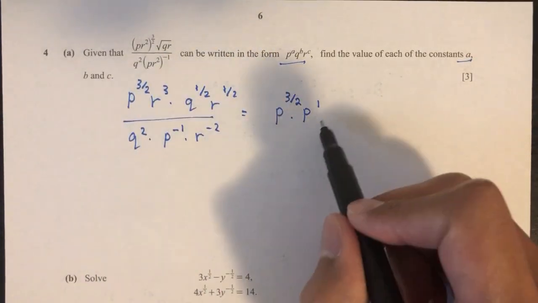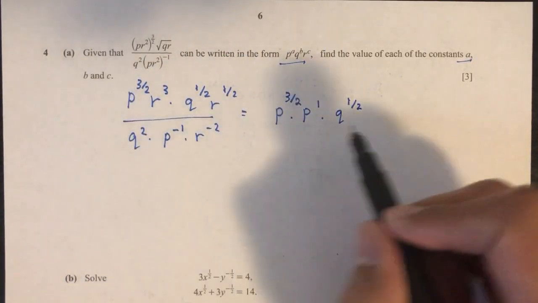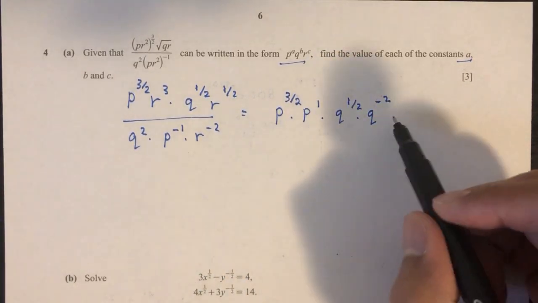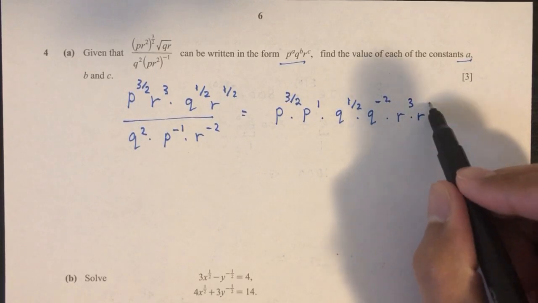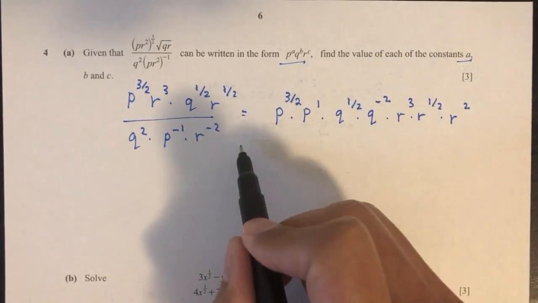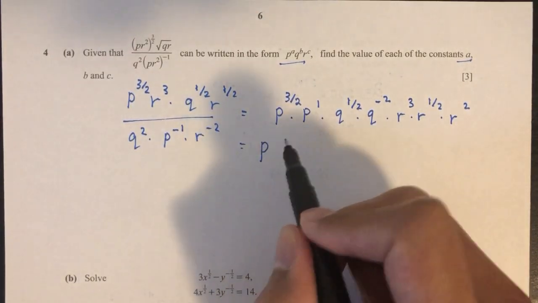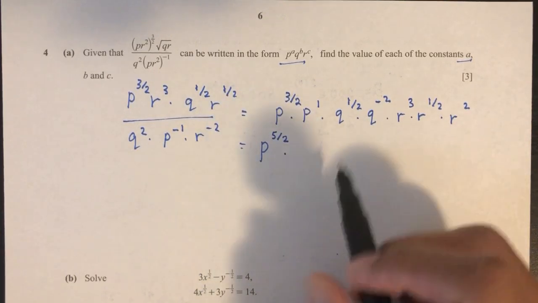And then let's bring q together. Q we have here is half. When you bring this up, it will become minus 2. And then for r, we have r^3 and r^(1/2). This one will be r^2 when you bring it up. So now we have to add those. So 3/2 add 1, that will be 5/2.